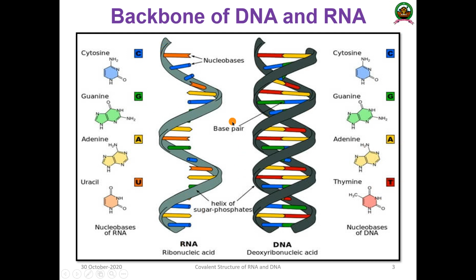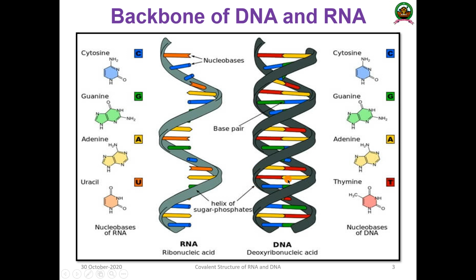I told you there are four different types of interactions stabilizing them. Number one, the interaction between the sugar and the phosphate, the major covalent interaction, is known as the phosphodiester bond. The second one is the interaction between the sugar and the nitrogenous bases attached to the backbone, which is known as the glycosidic linkage.